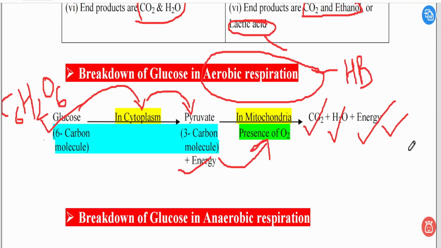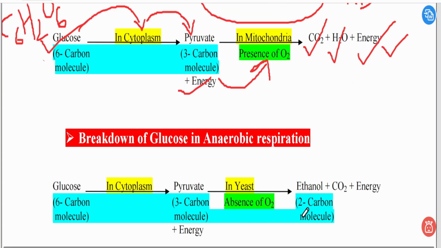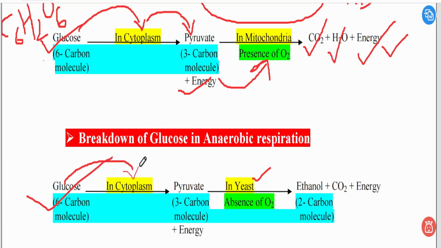Now what happens during breakdown of glucose in anaerobic respiration? If we talk about the yeast cell, yeast is a unicellular organism. When the glucose is taken in, again in the cytoplasm it will be broken down into pyruvate, and then this pyruvate, in the absence of oxygen in the yeast cell, will produce ethanol, a 2-carbon molecule.